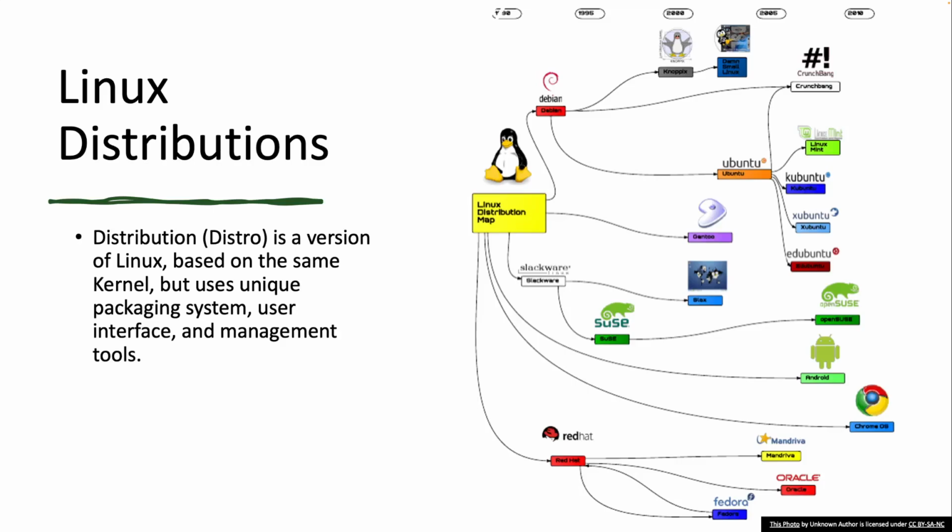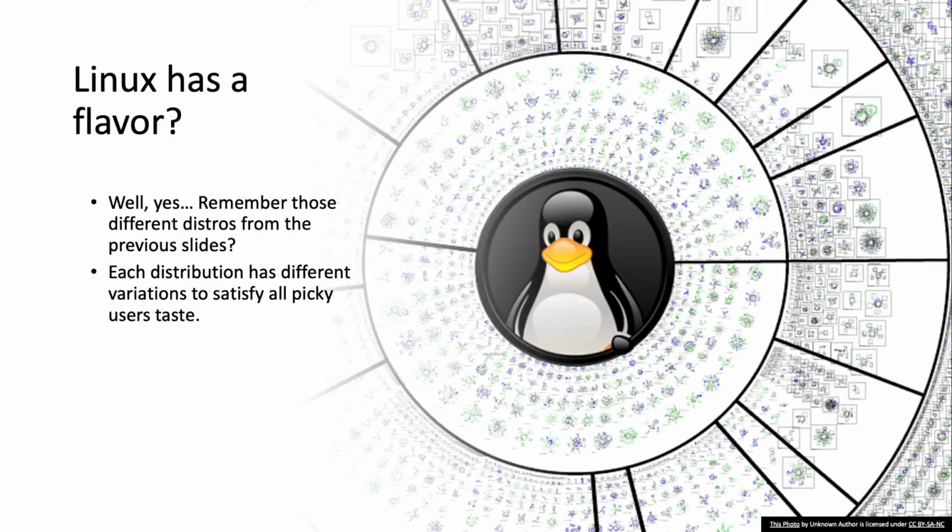In this class, we will be using Red Hat. That's another distribution, and Red Hat has multiple flavors too. Let's talk about flavors then. What is a flavor? Linux has a lot of flavors because a flavor is a slight modification of the distribution.